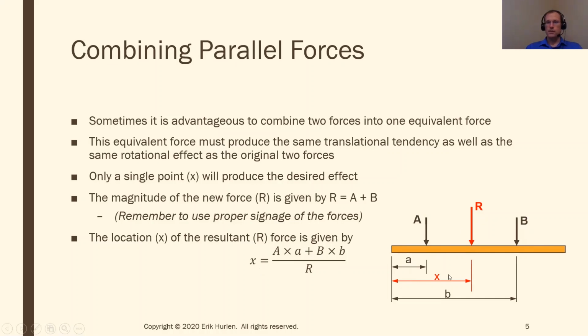I take R times x, set it equal to the old moment, which is A times a plus B times b, and then just divide by that R, and that gives me my location x. So where this new force R should be located is given by that equation, essentially just balancing the old moment with the new moment. And that tells me where to put it so that the two moments are the same, so that the rotational tendency is the same.